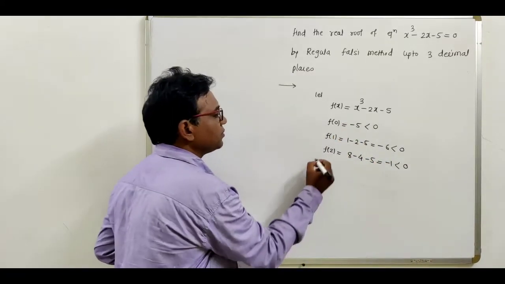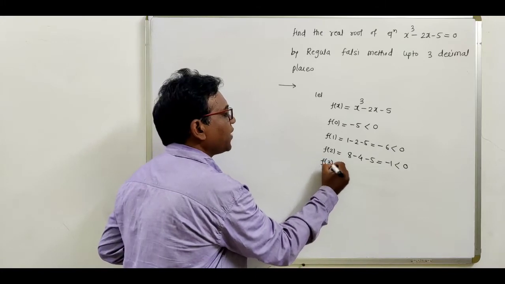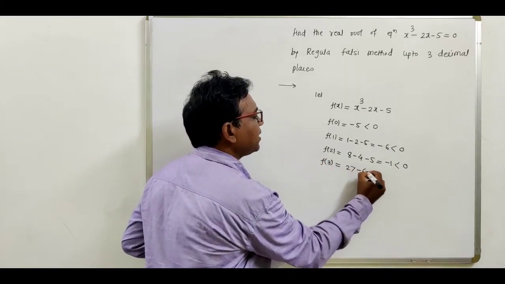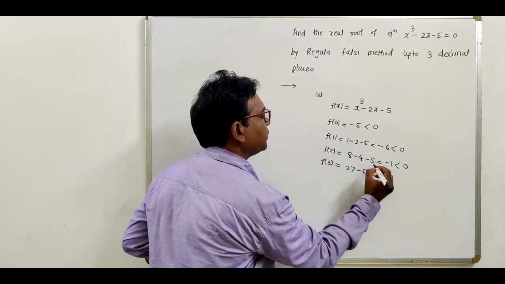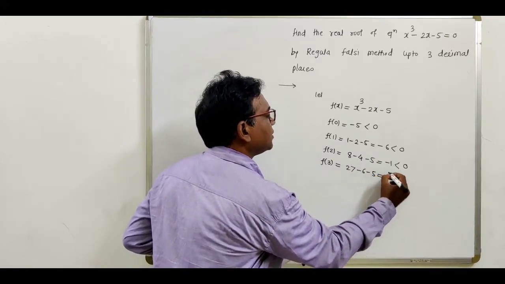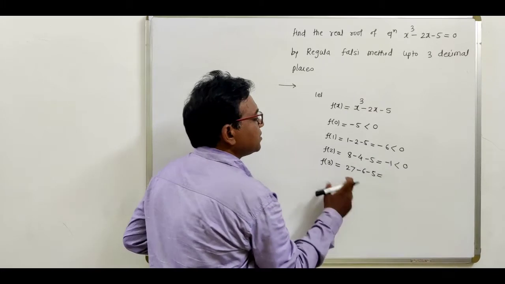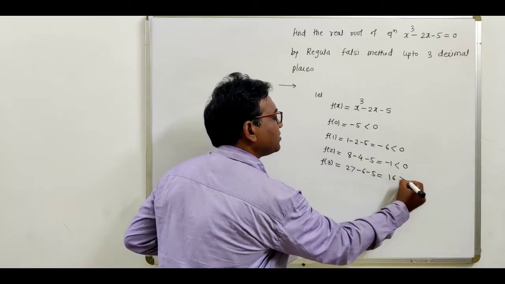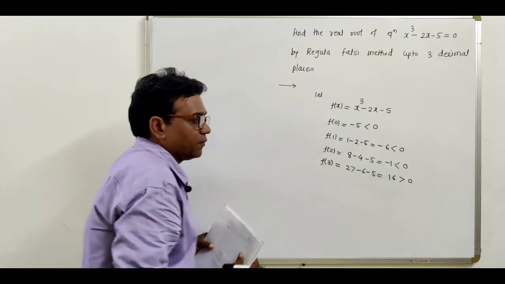This is again negative. Put next value f3. 3 cube is 27, minus 6 minus 5. So this is 27 minus 11, which is 16, the positive functional value.